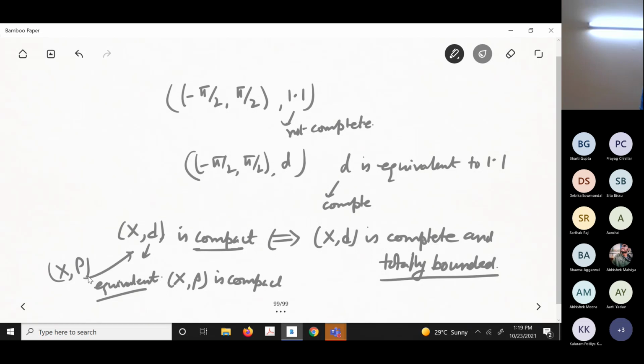If you take any equivalent metric, then if Xt is compact, (X, rho) will also be compact. Equivalent metric means they generate the same topology. Compactness is actually a topological thing by definition. So this will be compact. That means again by this result, (X, rho) is complete and totally bounded.